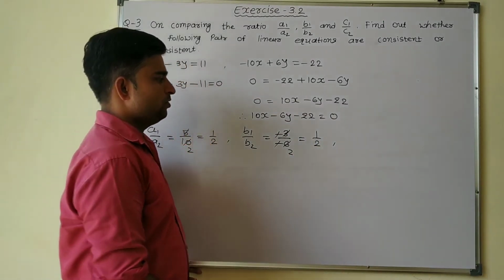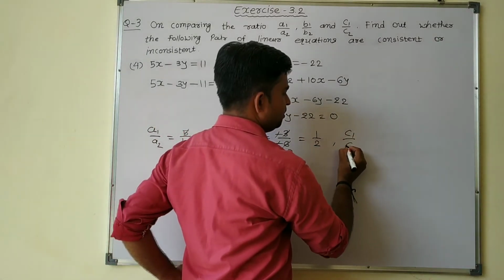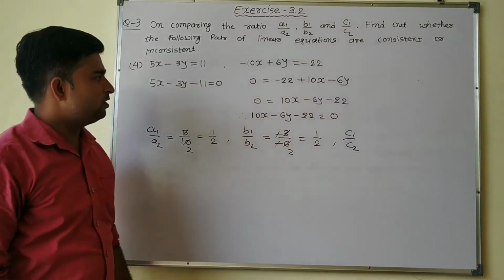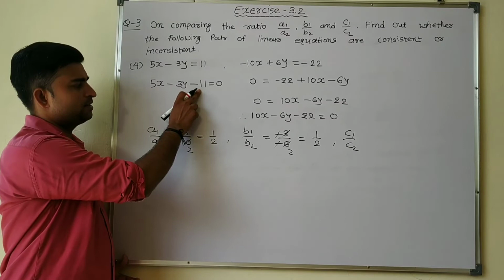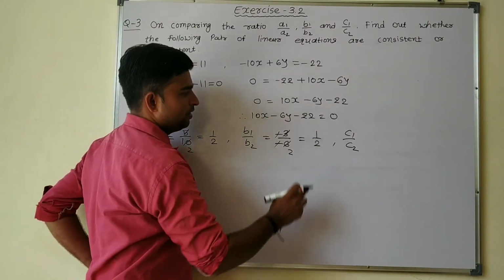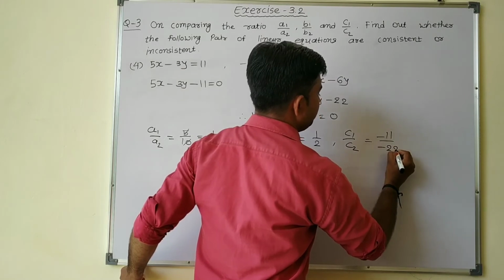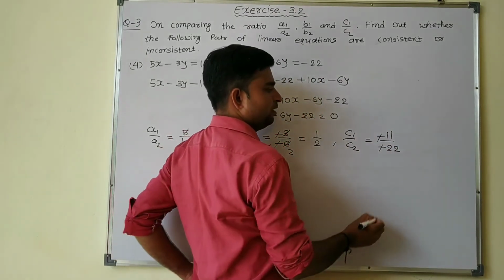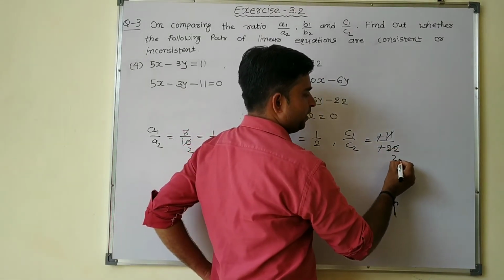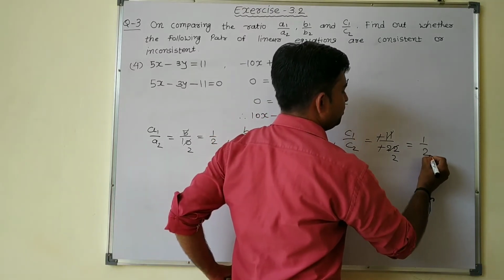Now the third ratio c1 upon c2. From here c1 is minus 11 and c2 is minus 22. So minus 11 upon minus 22. Minus minus will be cancelled and 11 2s are 22. So it becomes 1 upon 2.